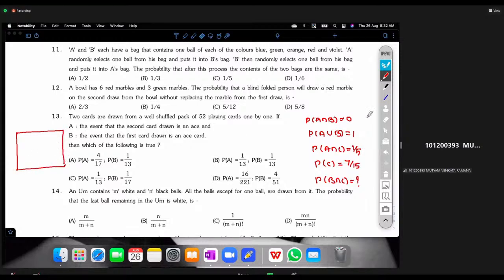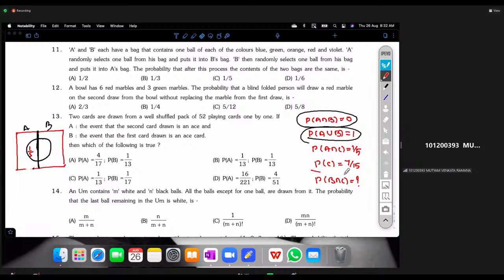This is the universal set. I'm splitting it into A and B. So there is no common portion. A union B is equal to 1, so it is completely taking the universal set, the complete sample space. Then A intersection C is 1 by 5.